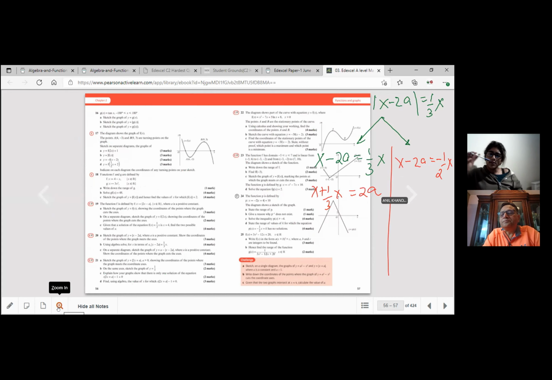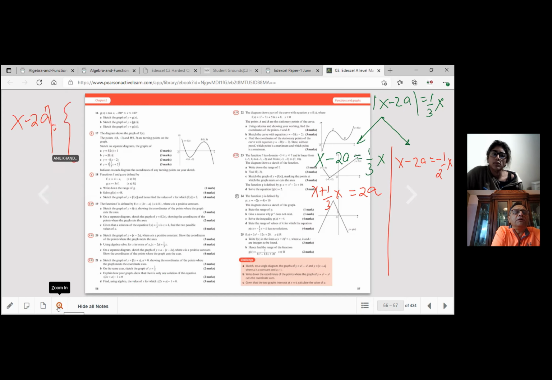Sorry, sir, just a quick thing. I'm a bit confused why you did plus and minus of the 1/3, because I thought the x minus 2a was in the modulus. So you do a piecewise of that function. Yeah, you're right. What you do is write x minus 2a as a piecewise function.